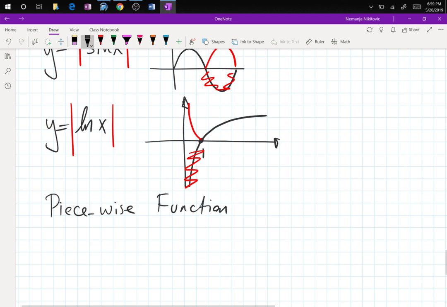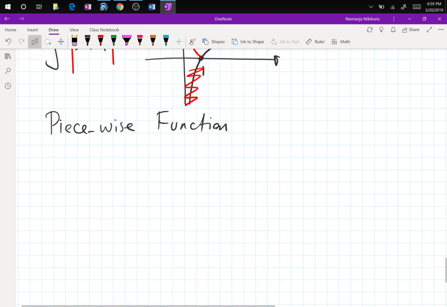And we have a few of those. All the functions we did are kind of piecewise functions, each one in its own neighborhood, let's say that way.